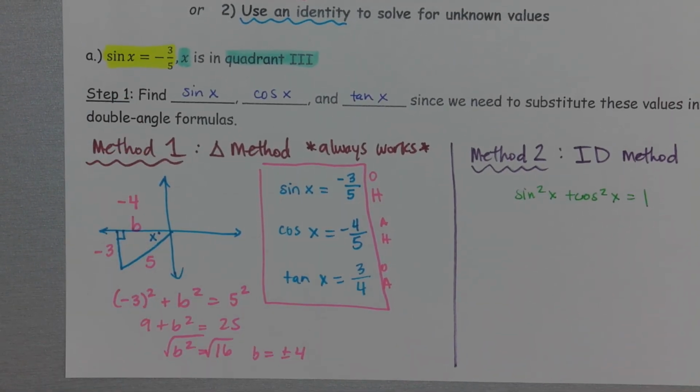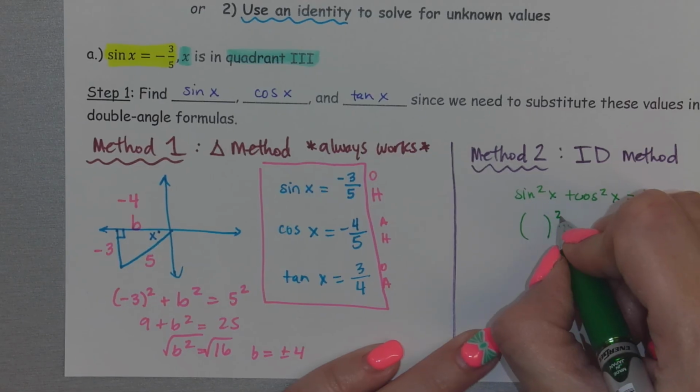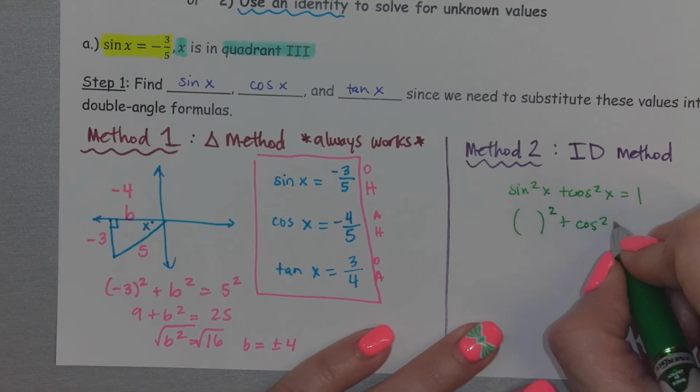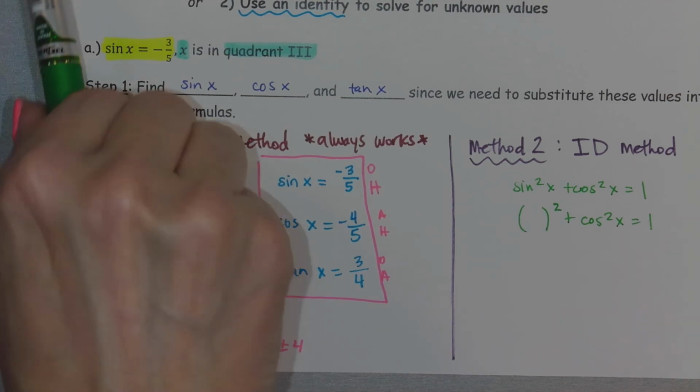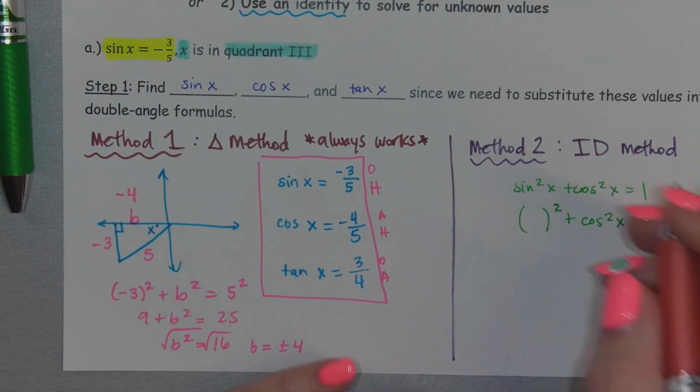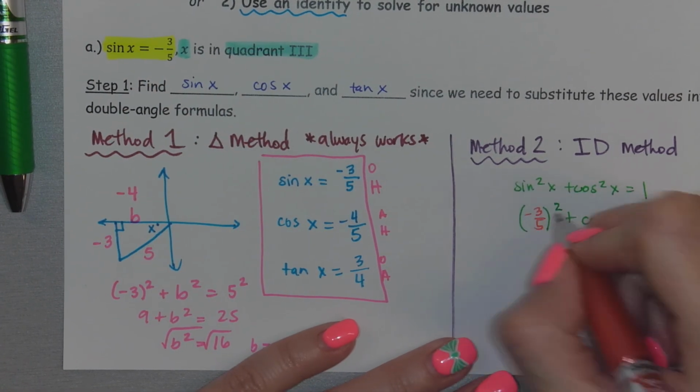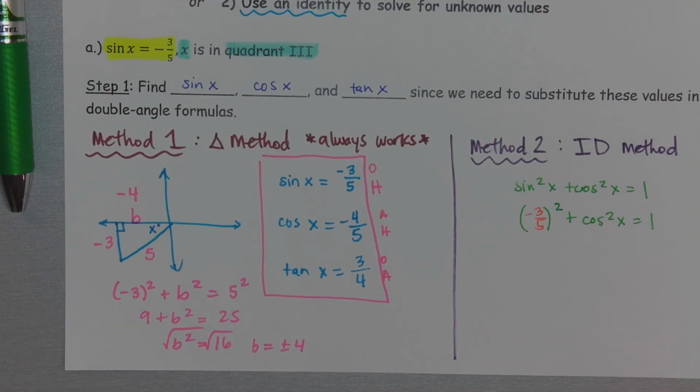If you're given the sine, this is sine squared plus cosine squared equals 1. What can I substitute in for the sine? Yeah, you can just substitute in that negative 3/5. And then can you solve that using your order of operations?